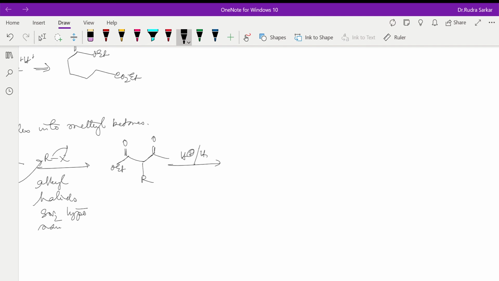Interestingly, if you hydrolyze or carry out acid hydrolysis, then the ester gets hydrolyzed to acid.